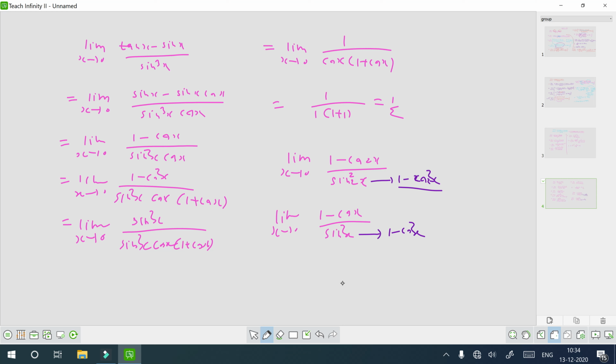Now let us see the next one: limit x tends to 0, tan x minus sin x upon x cube. Let us solve this one here. That is equal to the limit x tends to 0. I am going to write directly.